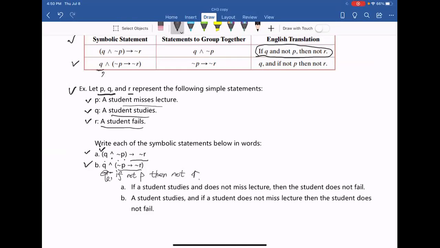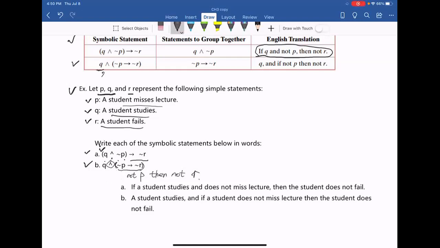And be careful. This is and. You can use a comma to break them into parts, because they have parentheses here. So it will be very clear for you if you have parentheses.